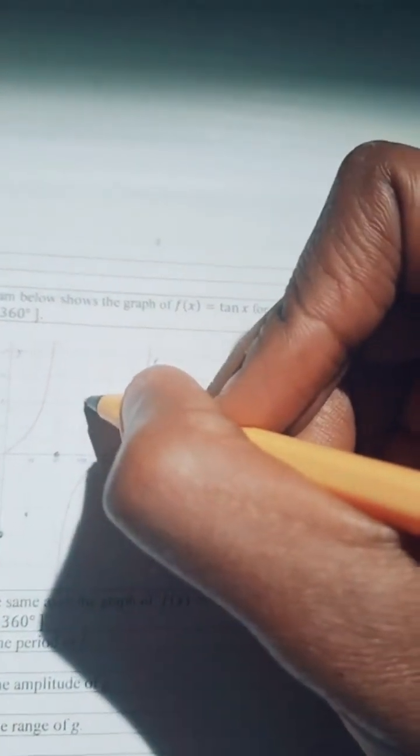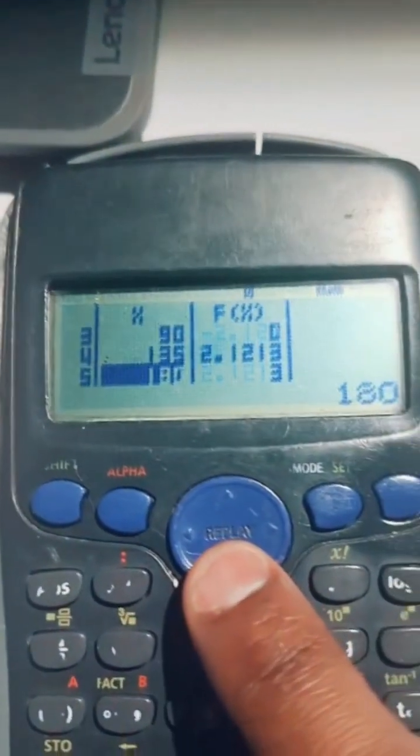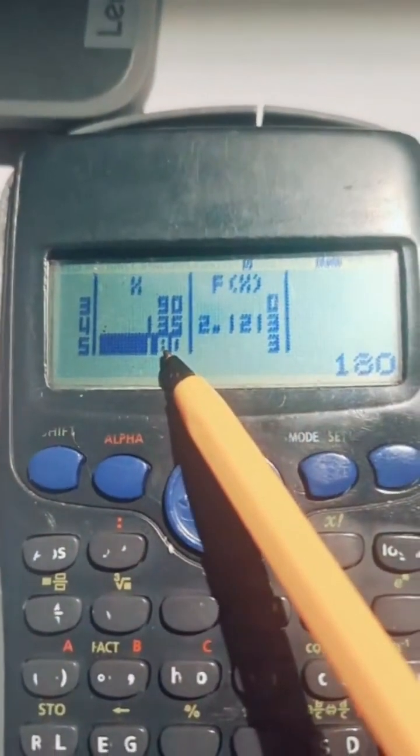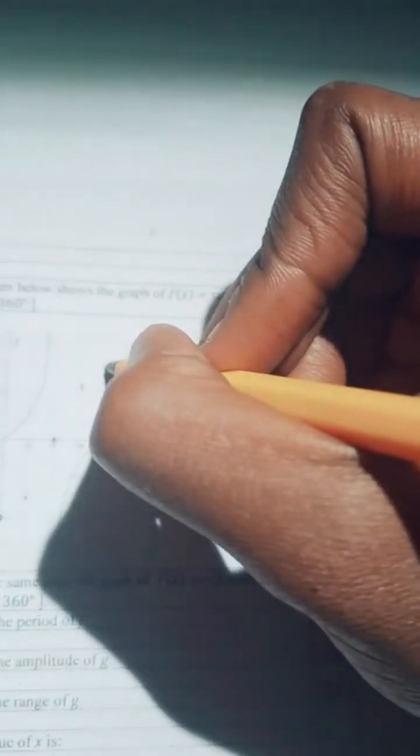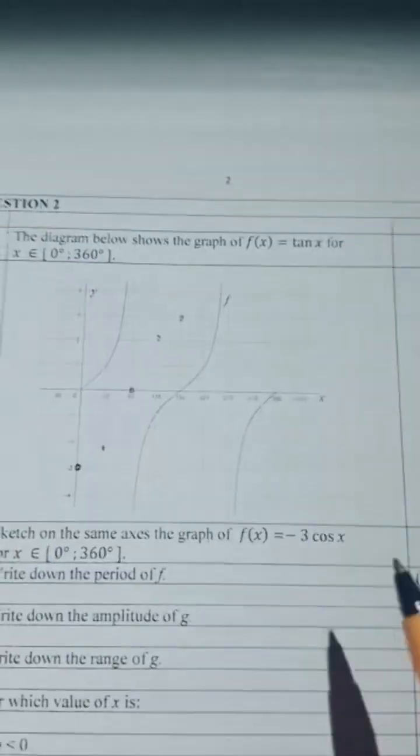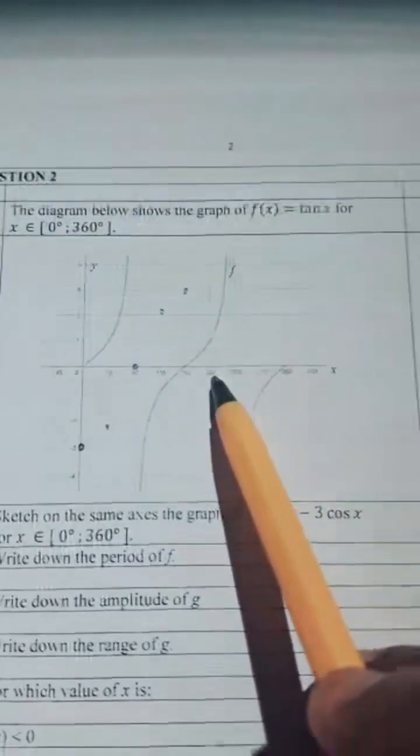So x is 135, y is 2,1. So we are slightly there. Seems like we're moving. X is 180, y is 3. So 3 is there. I think we are making some progress.